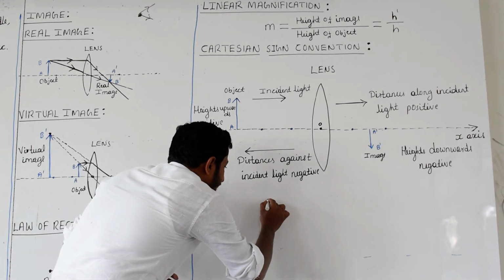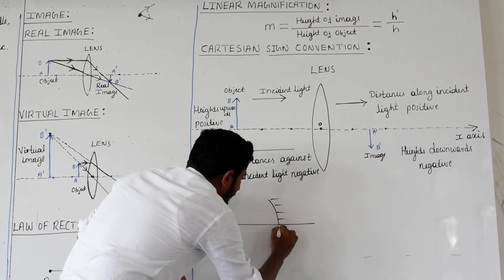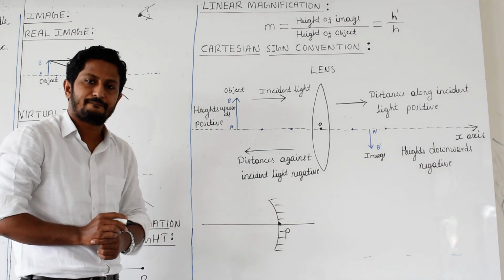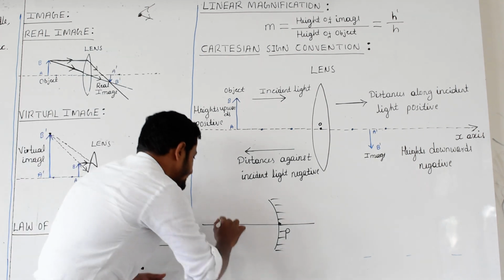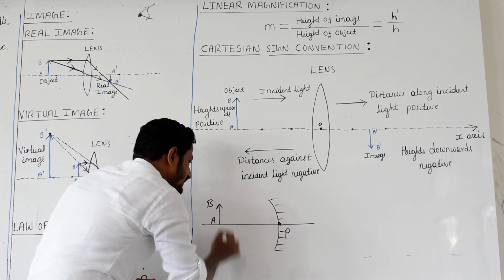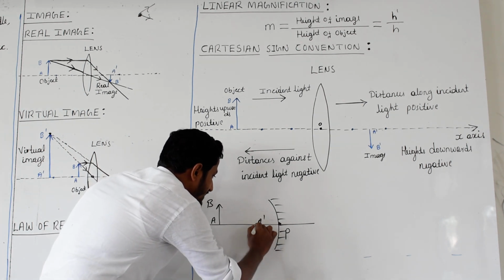See, it's a mirror, and this is the pole point. Here is an object AB again, and here is their image, A dash B dash.